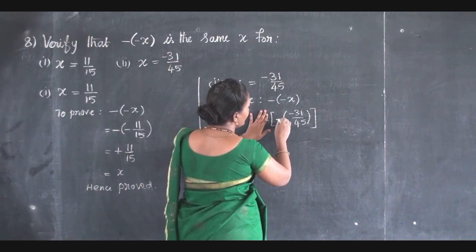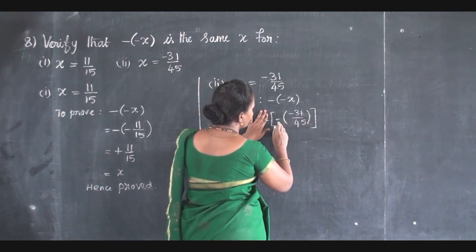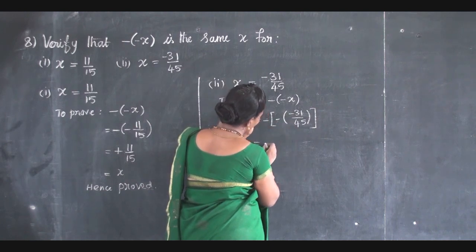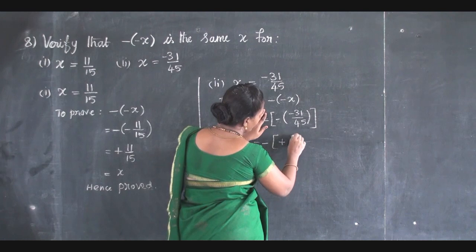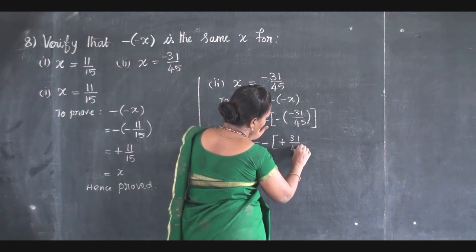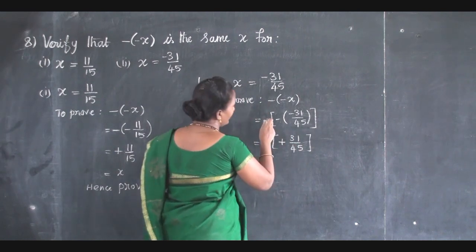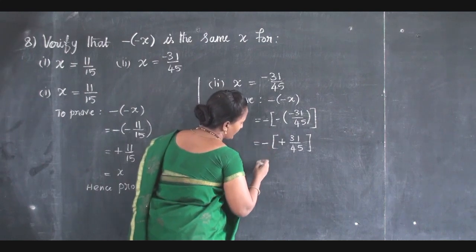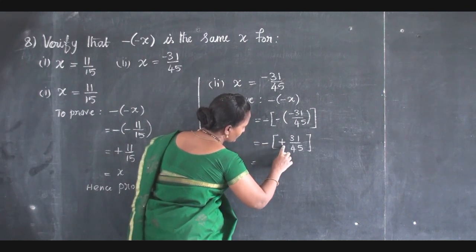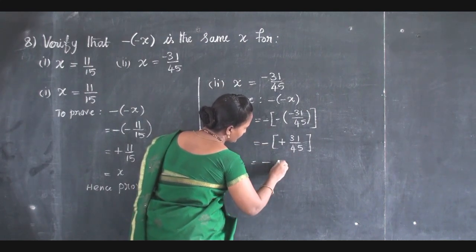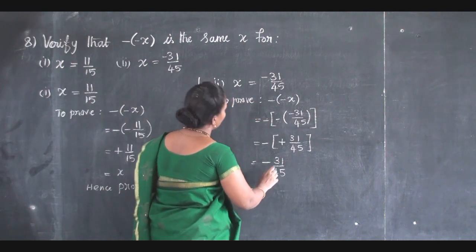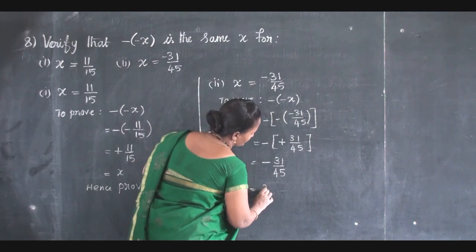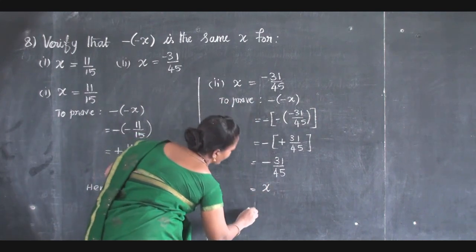First step, we solve this one: minus into minus, minus into minus plus 31 by 45, and then here also one minus here, so minus into plus, minus 31 by 45, that is x.